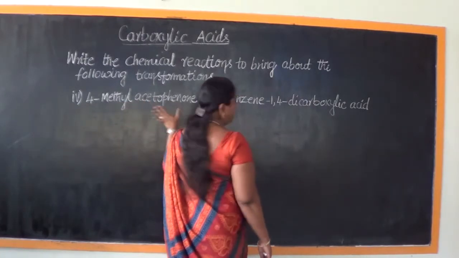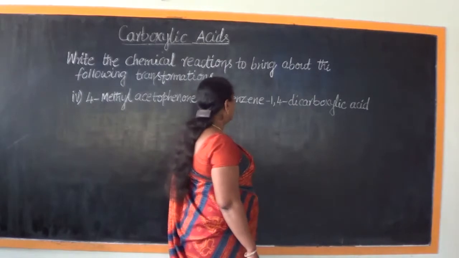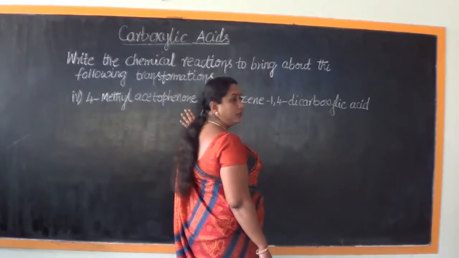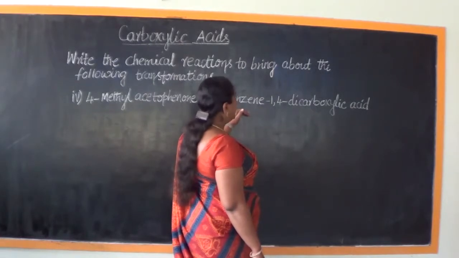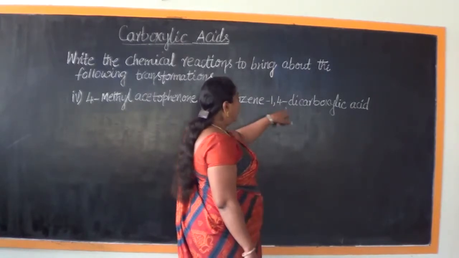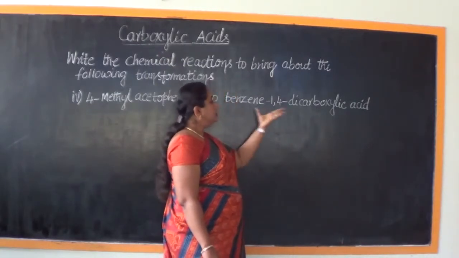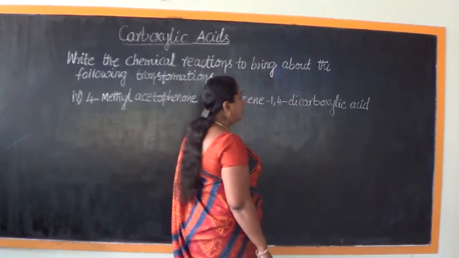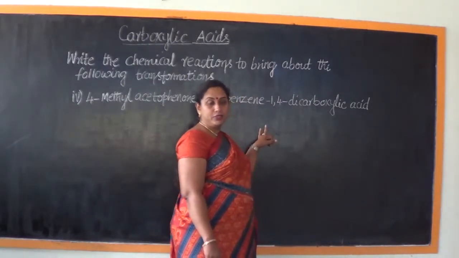Methyl acetophenone will be like an alkyl benzene kind of a structure, which also contains a carbonyl group, and then it has to be converted into benzene 1,4 dicarboxylic acid. Benzene 1,4 dicarboxylic acid is called terephthalic acid.